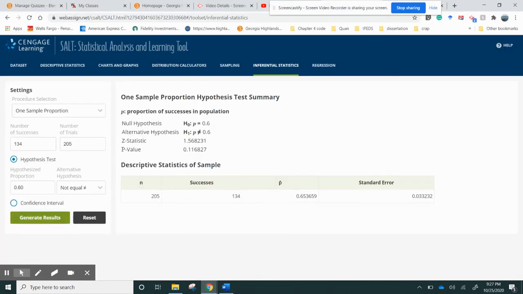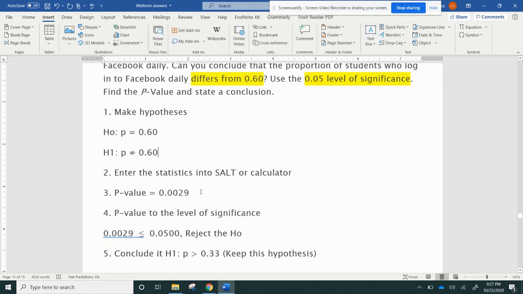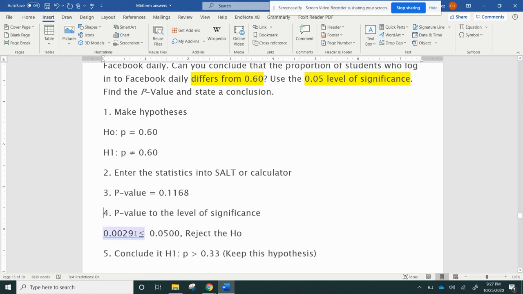So my p-value for this, let's bring it back over. My p-value is 0.1168. So that's my p-value, and it's good. Now I need to compare my p-value, 0.1168, to my level of significance.